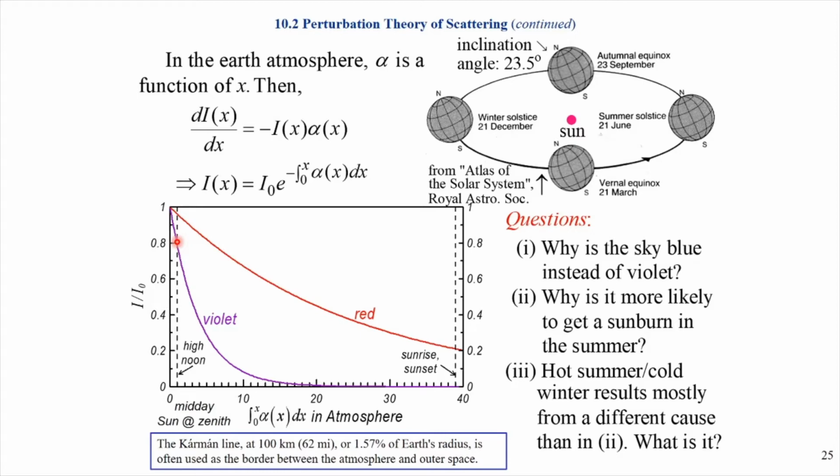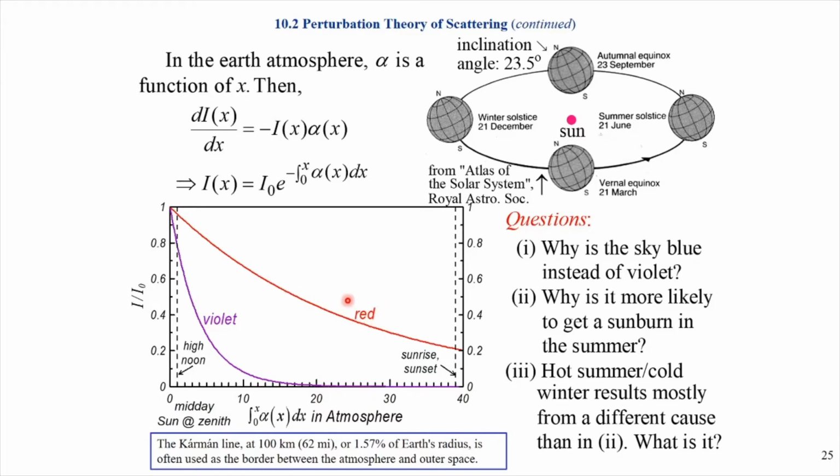Okay, that explains why at midday the sky is blue. However, at sunrise and sunset, the sunlight travels through much more of the atmosphere. So obviously, violet and blue are completely scattered, nothing left.